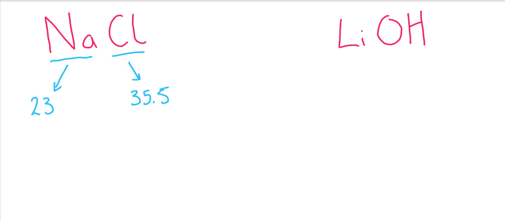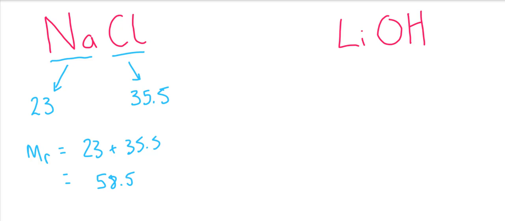Now remember, the Mr, or the relative formula mass of sodium chloride, is just a sum of their relative atomic masses. And that gives sodium chloride the relative formula mass of 58.5.